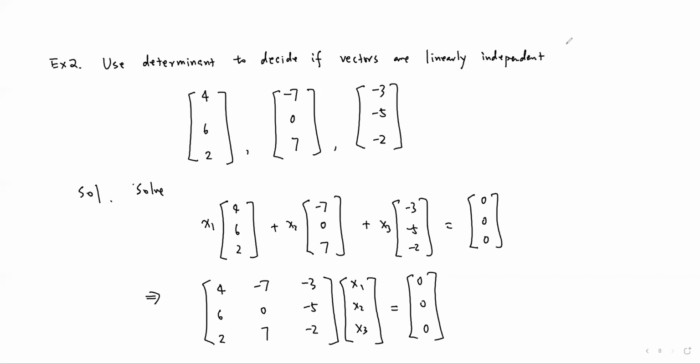Let me give a name to this equation. Equation 1. Equation 1 has only zero solution if and only if, let me give a name to this coefficient matrix, call it A, A is invertible.